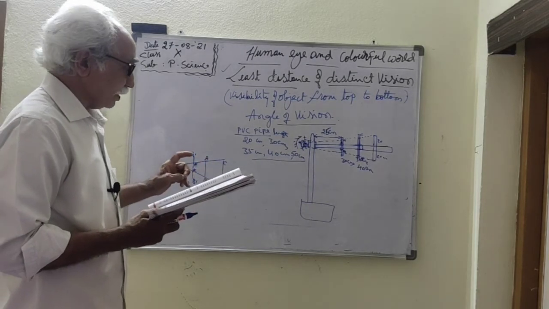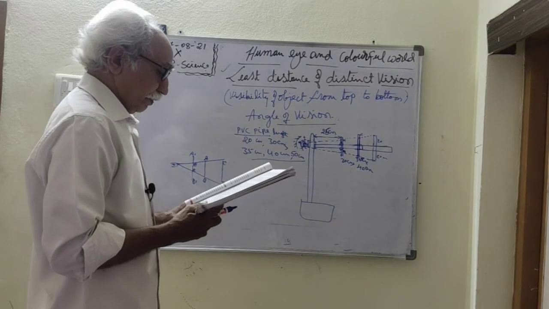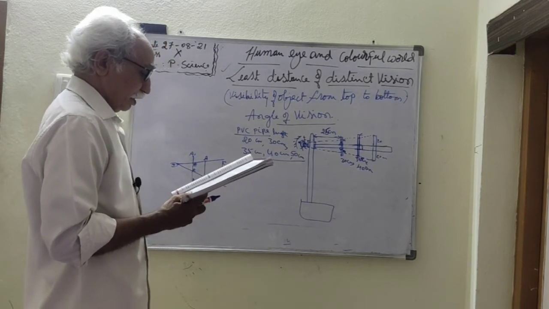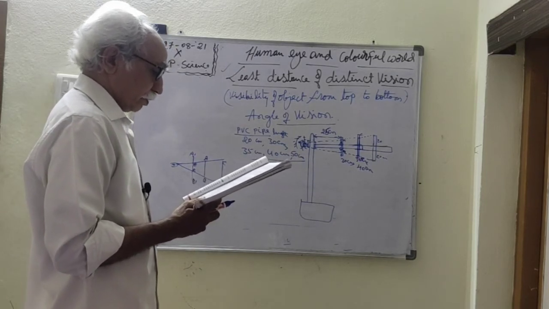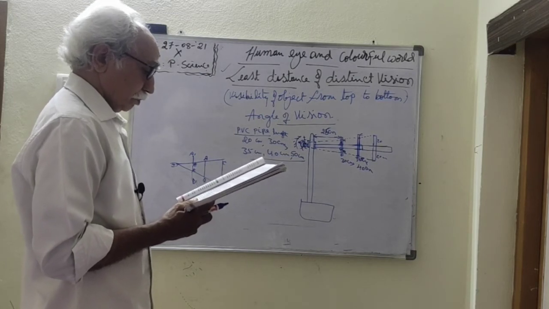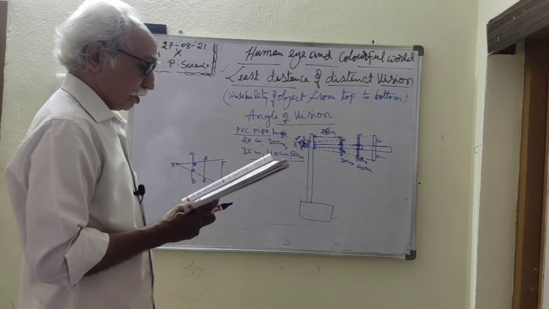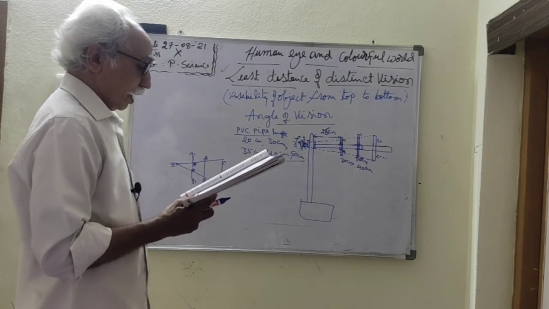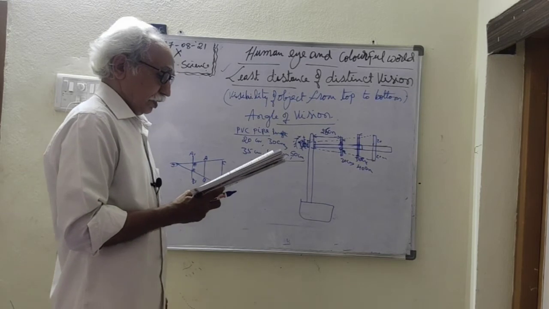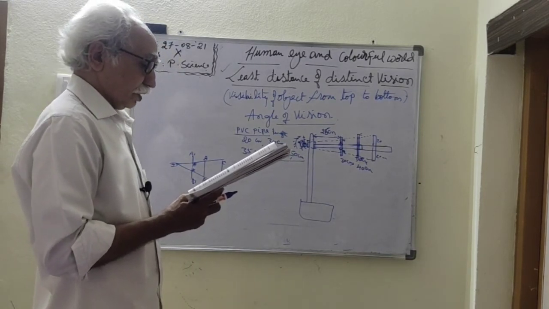If this angle is below 60, we can see the whole object. If this angle is above 60, then we can see only part of the object. Now the rays coming from the extreme ends of the object form an angle at the eye. If this angle is below 60, we can see the whole object.